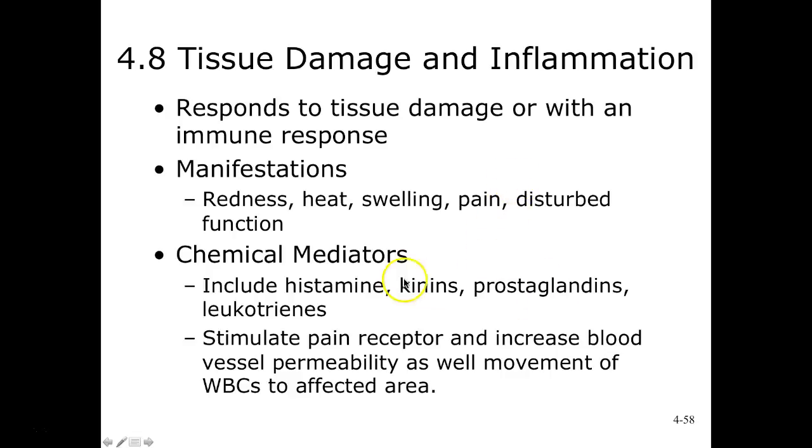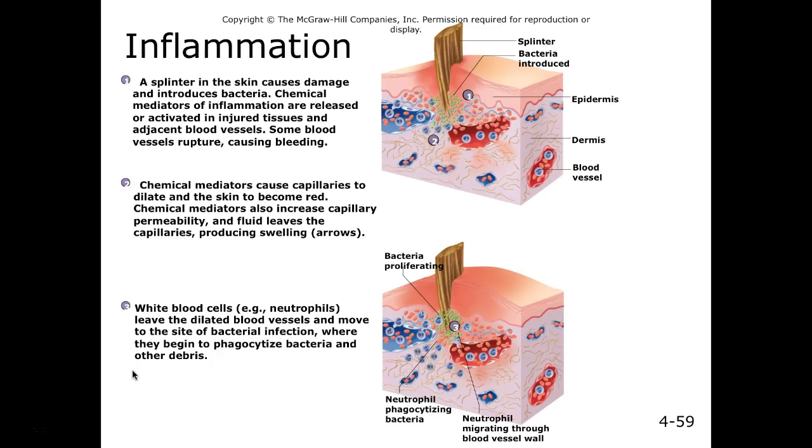So we'll also have some chemical mediators that'll be released when we have any tissue damage, such as histamine, kinins, prostaglandins, and leukotrienes. So these chemical mediators can also assist in stimulating our pain receptors and will cause an increase in blood vessel permeability. This is vasodilation, and this assists in moving our white blood cells over to the affected area.